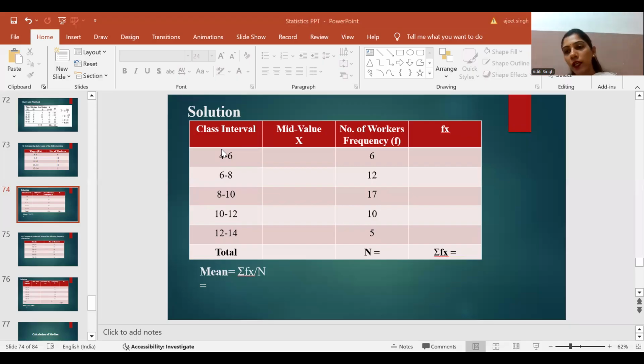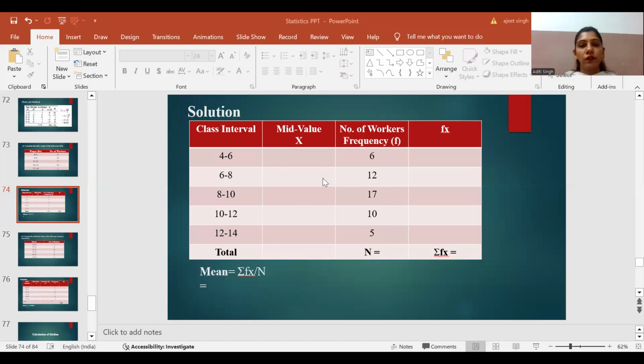The formula of the direct method for calculating arithmetic mean is sigma fx upon n. Here n is the total number, the sum of frequency, and in sum of fx, f is the frequency and x is the mid value of a given class interval.